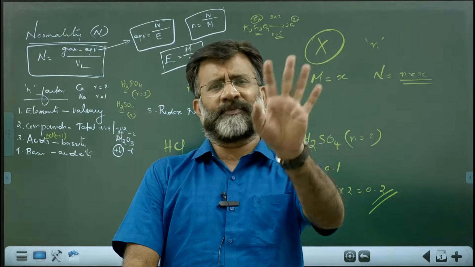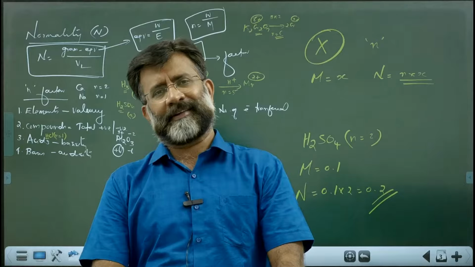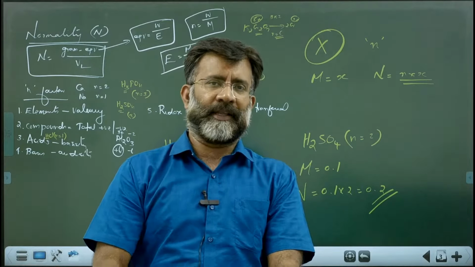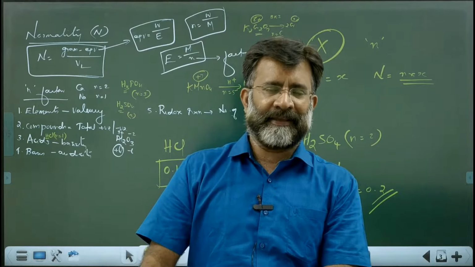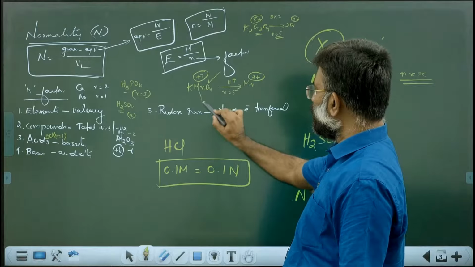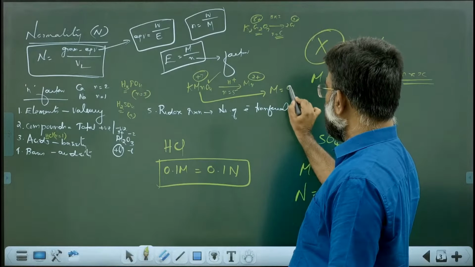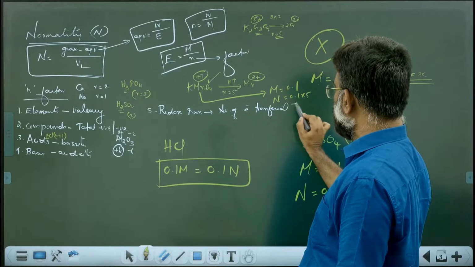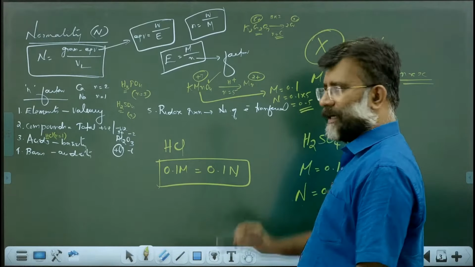For example, in this reaction, suppose molarity for KMnO4 is given as 0.1, normality will be 0.1 into 5, that is 0.5.